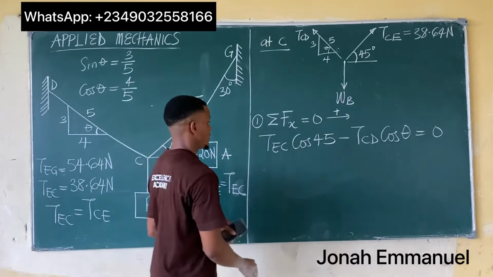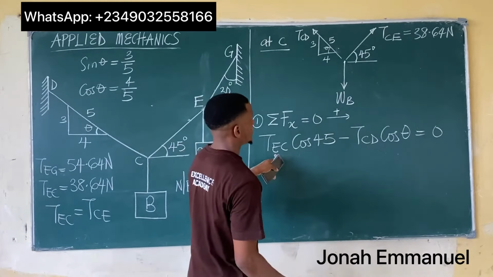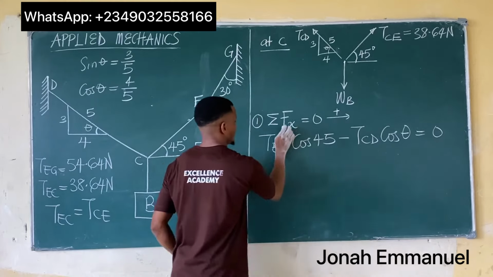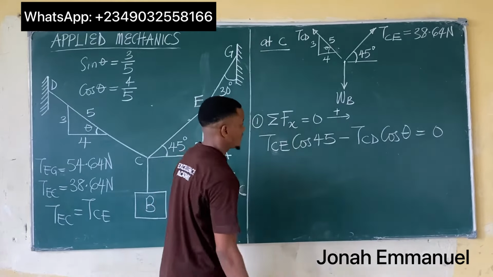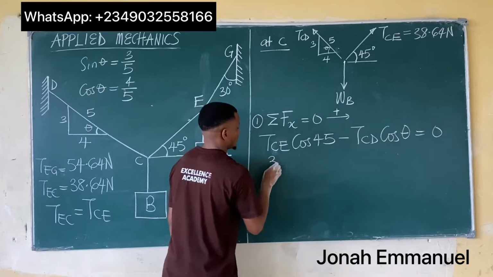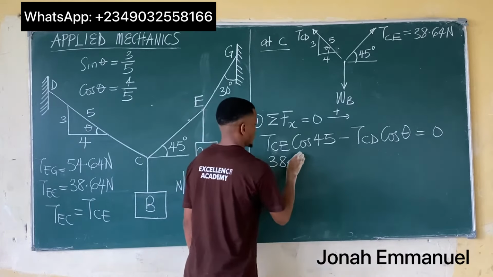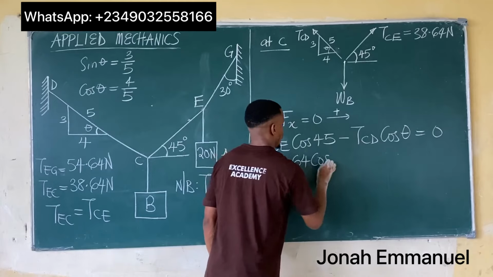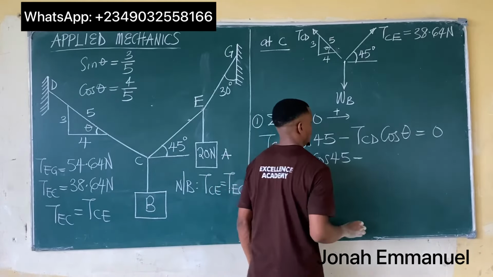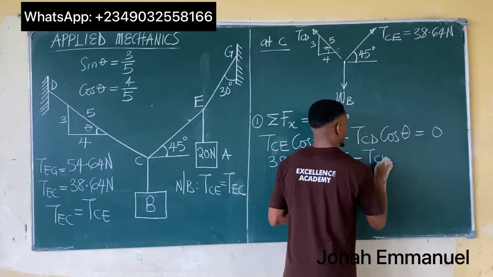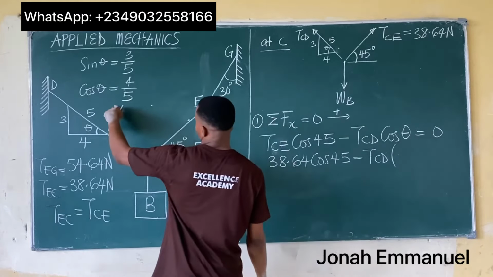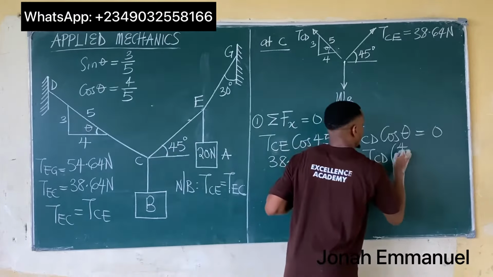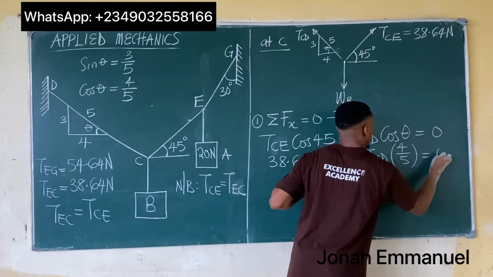So TEC or TCE as we call it, this now becomes 38.64 cos 45 minus TCD into cos theta, please, which we said is 4/5, is equal to 0.